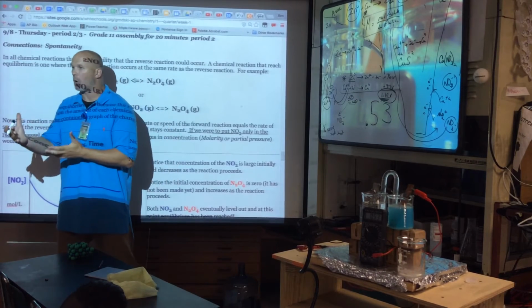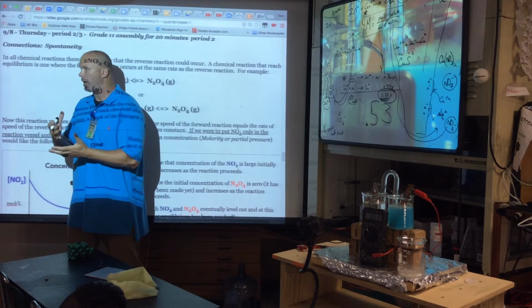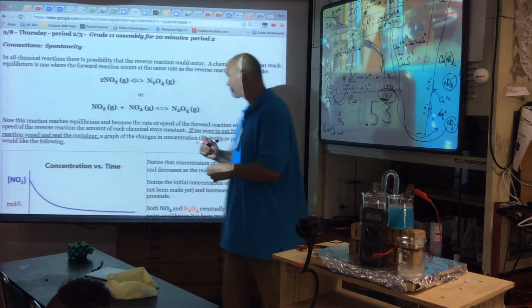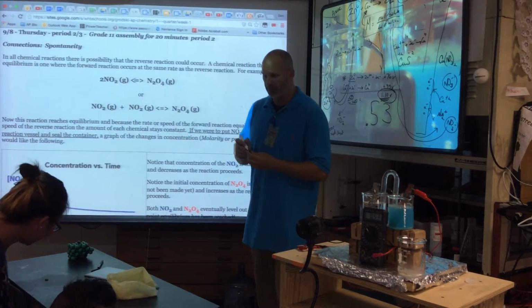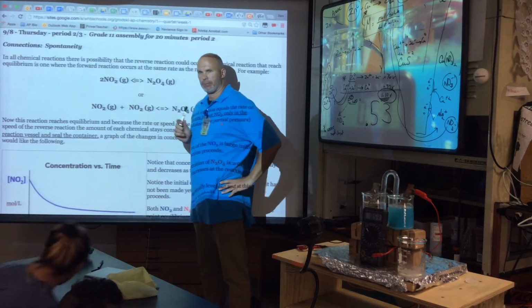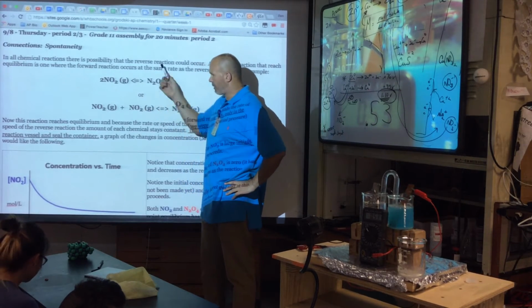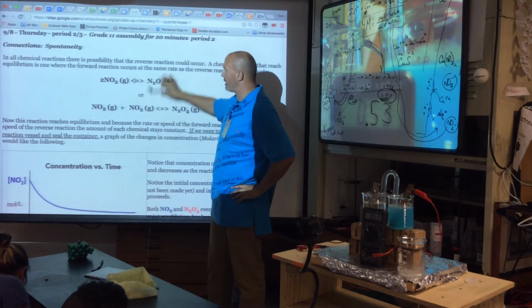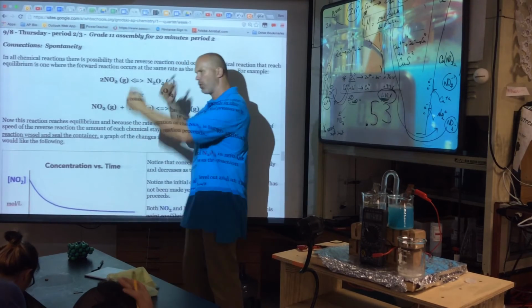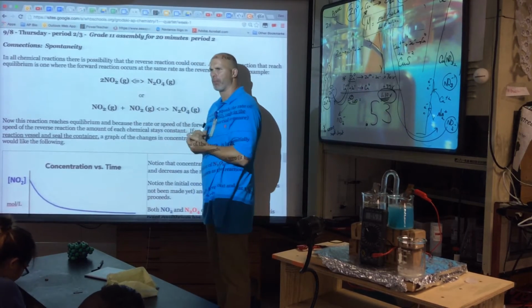Part of your homework was opening up your eyes to what this really is. All right, so let's take another reaction. Let's look at a reaction with a double arrow. This is all I put into the website this morning. So 2 NO2 molecules will collide to make N2O4.